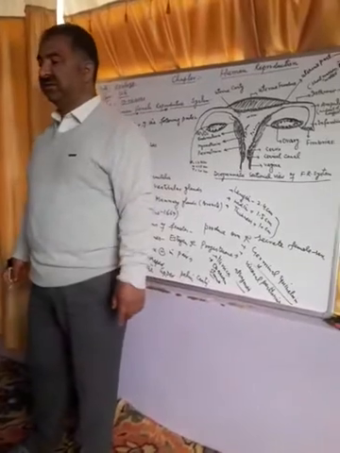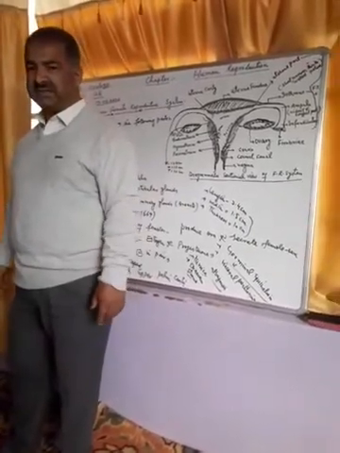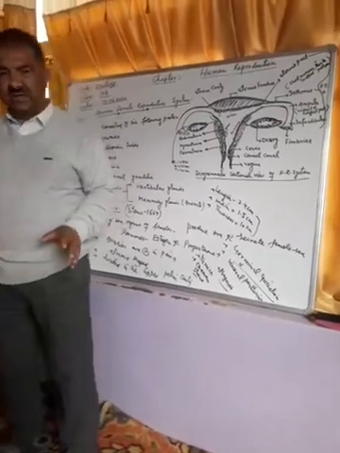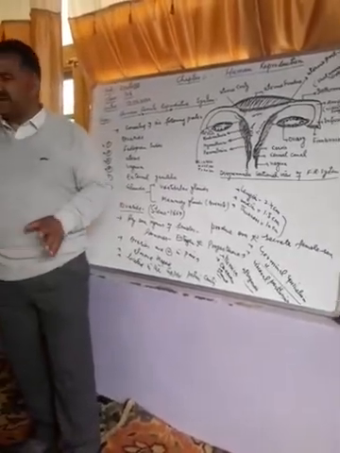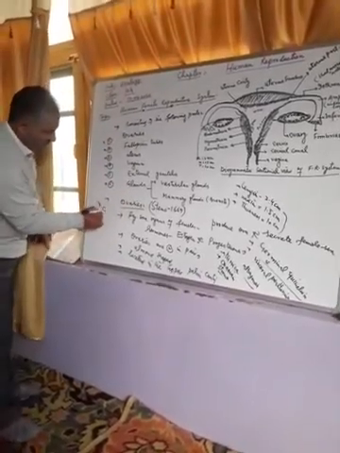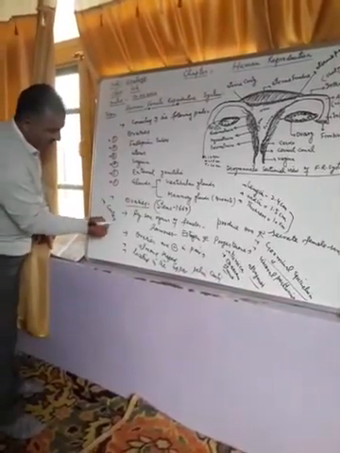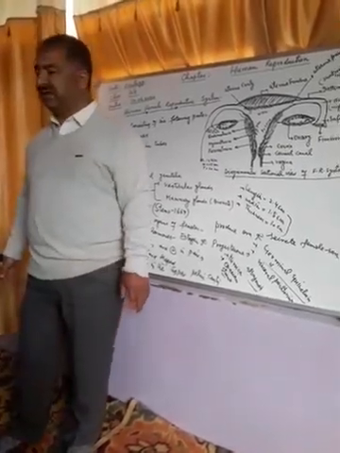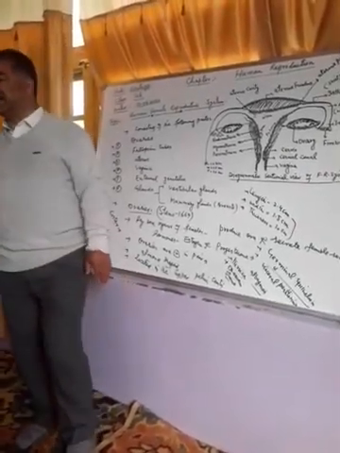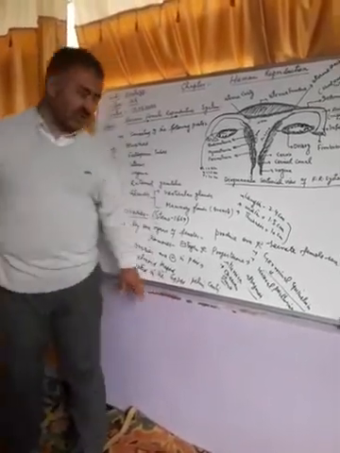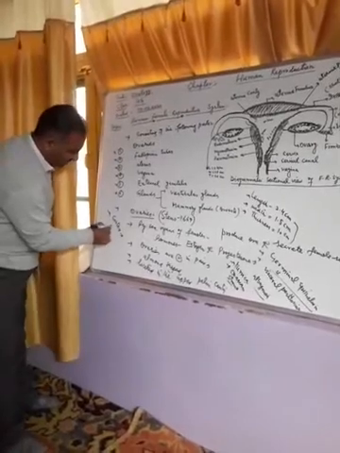The ovarian stroma consists of two layers. One is a dense layer, that means the outer layer. It is a dense outer layer which we call the cortex. And there is the inner less dense layer which we call the medulla.